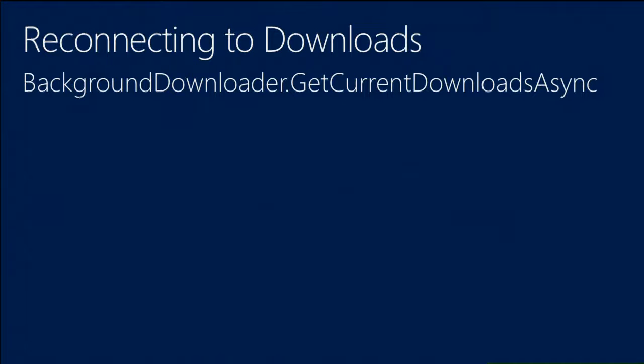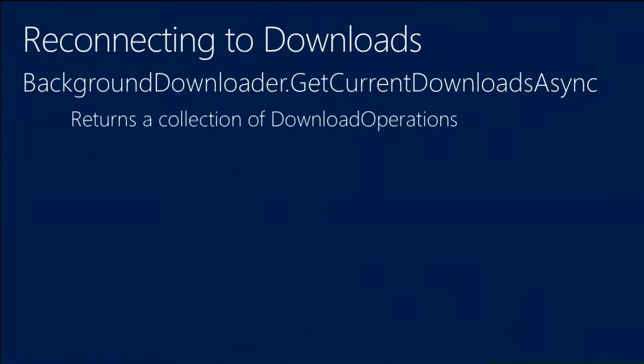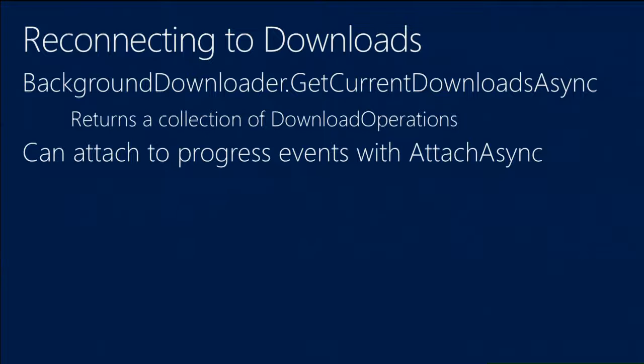And again, there's a corresponding upload with this. Once you get that collection, then there's an attach command that you have to fire off for each one of those download operations. And once you do that, then basically it refires up all the events, and at that point you can wire into all of them.